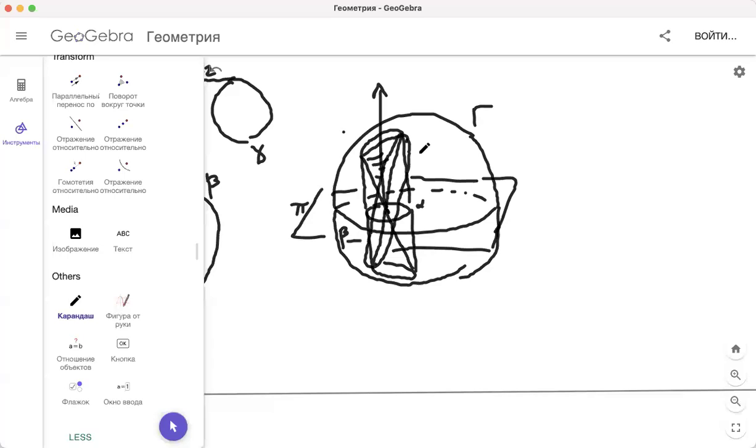So you obtain a family of circles in tangent planes of this cone, forming the same angle with plane pi. So if you consider the orthogonal projection of these circles onto the plane of the initial circles, you obtain this family of ellipses.